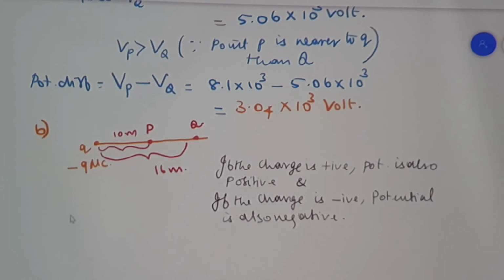But what will become the answer? In the previous case Vp is 8.1 into 10 power 3. Here, since the potential is due to the negative charge, it is minus 8.1 into 10 to the power of 3 volts. And potential at the point Q, Vq, is minus 5.06 into 10 to the power of 3 volt.